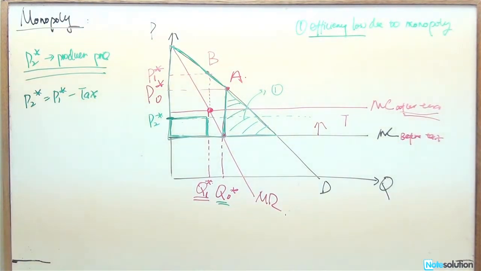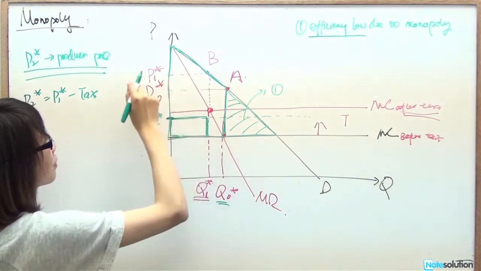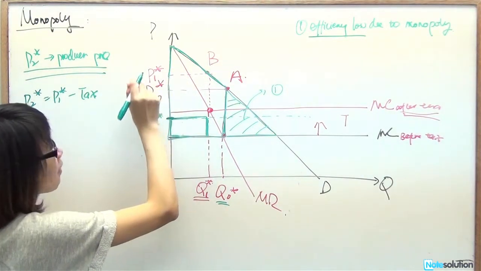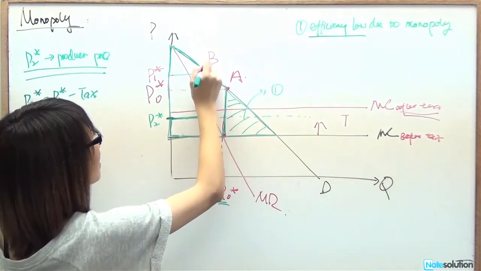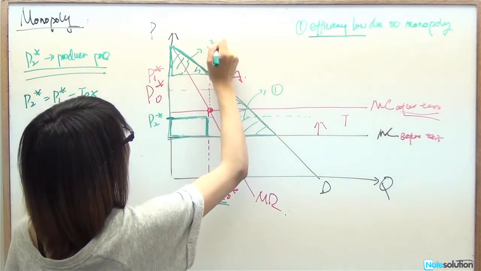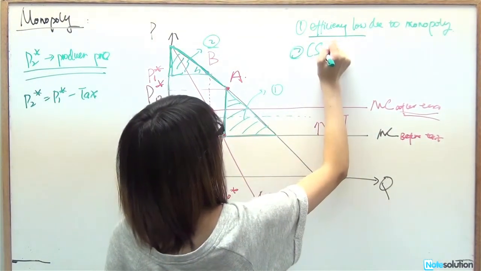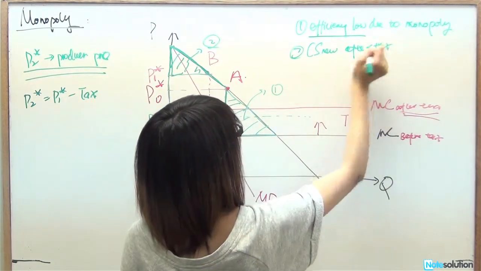Now let's find the new consumer surplus and producer surplus. The suppliers charge P1 star to the consumer, so the consumers pay P1 star. The top triangle, which is number 2, is the new consumer surplus after tax.